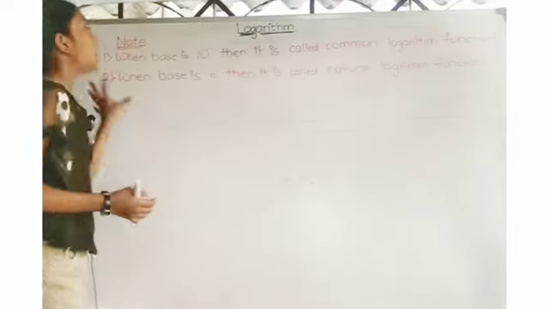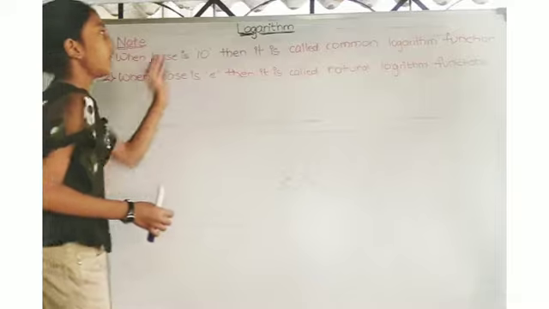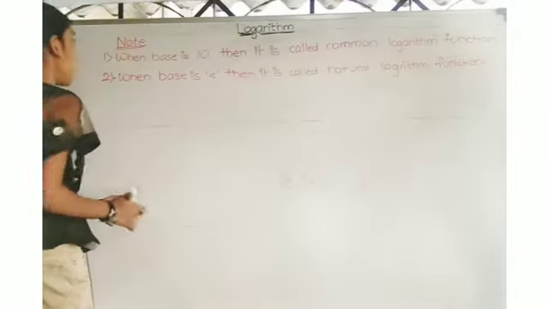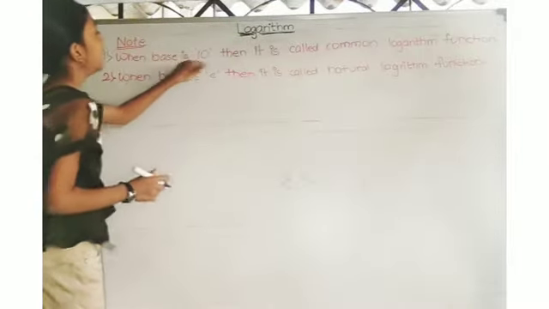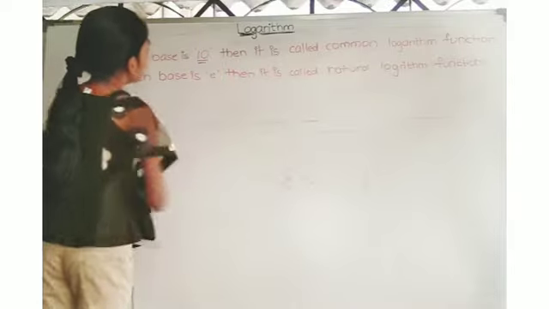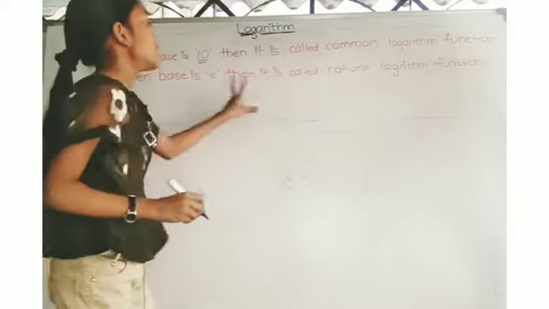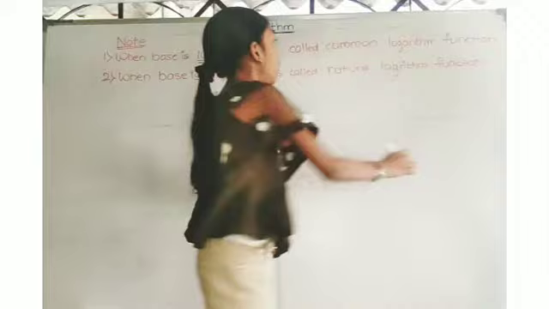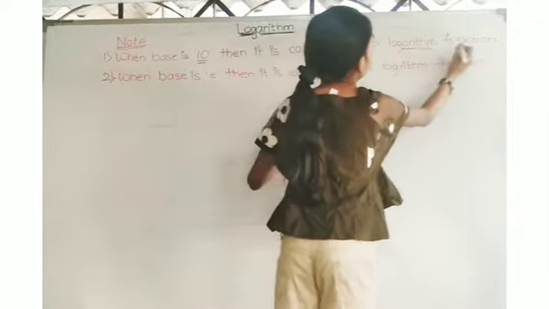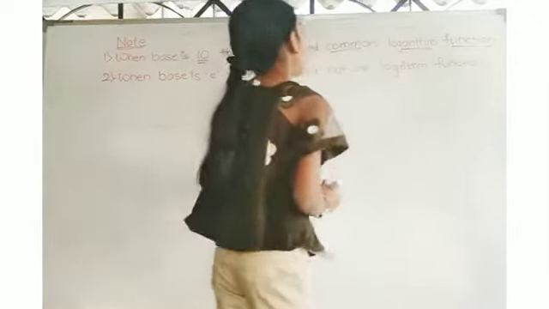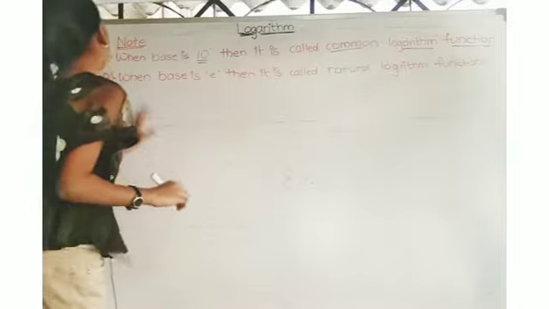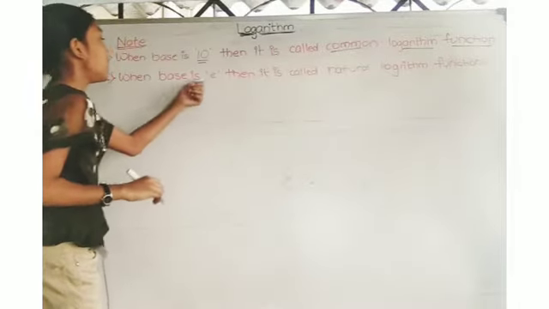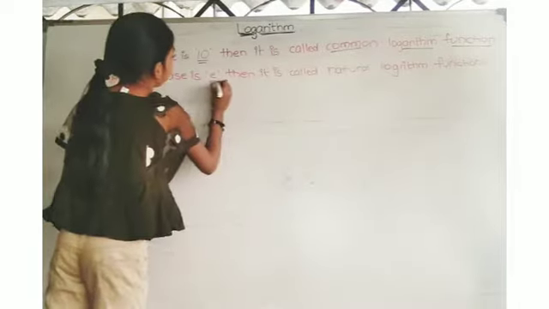These are the 2 steps which are most important in logarithm. The first step is when base is 10. When the base is 10, then it is called a common logarithm function. The second step is when base is e.